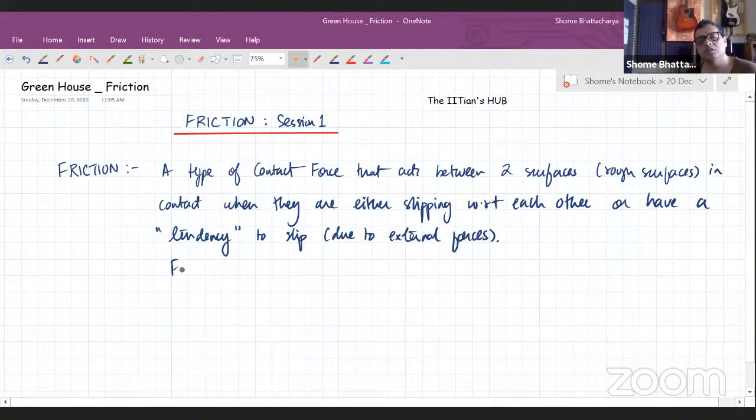So friction is the contact force that acts tangentially.